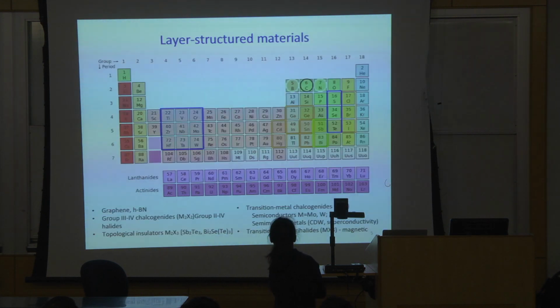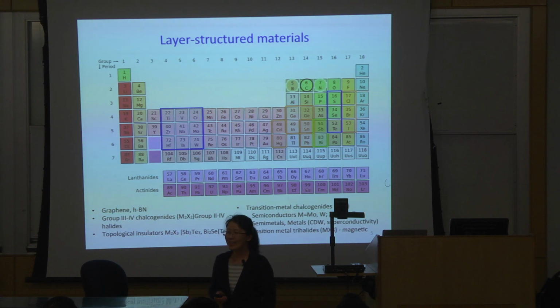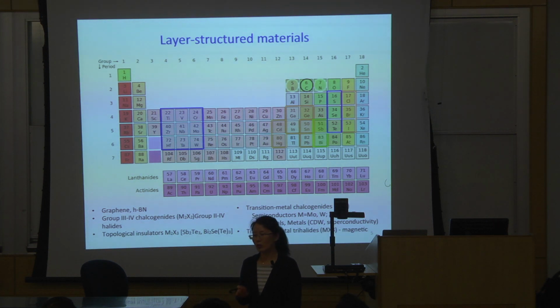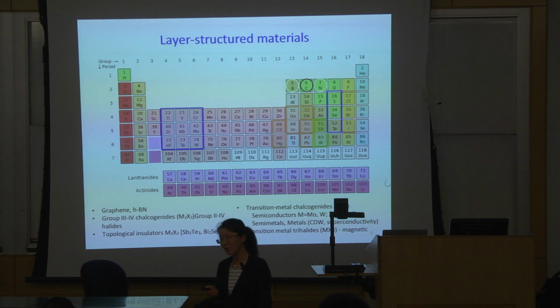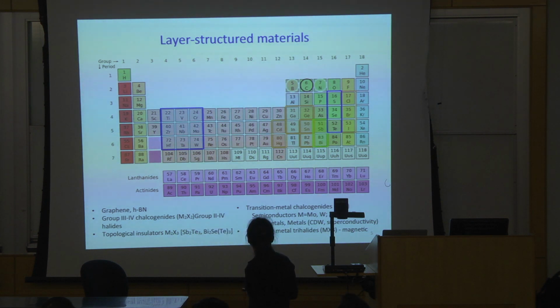And actually, it's just the beginning of it. It turns out that there are many, many materials that share a similar structure as graphene. I have the periodic table, and I'm showing something made of two-element compounds, and there are many more if you use three elements or four.